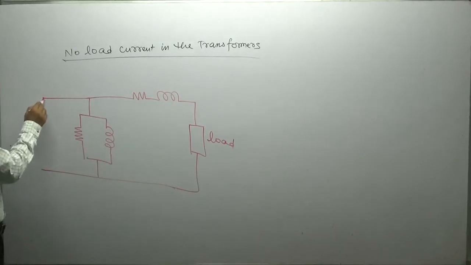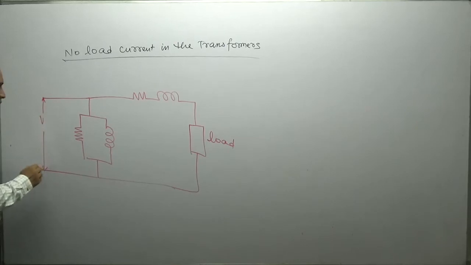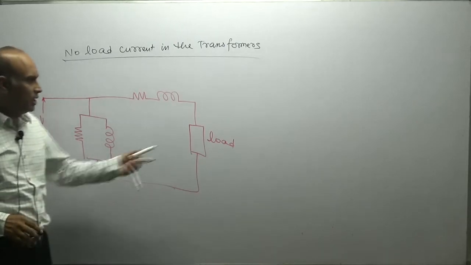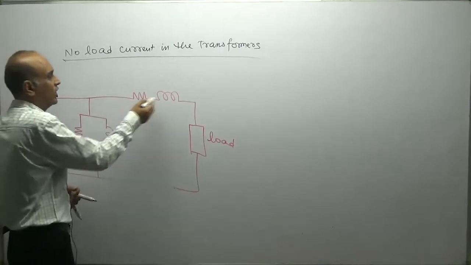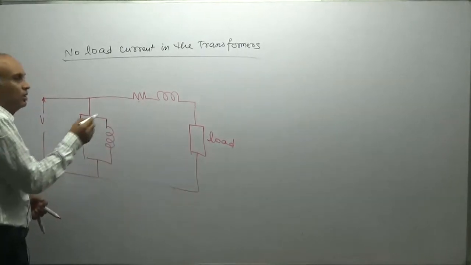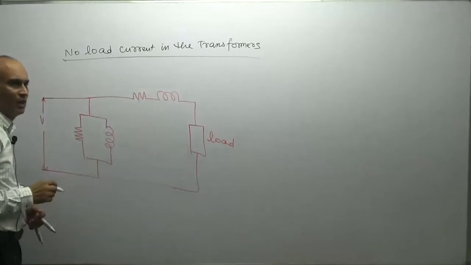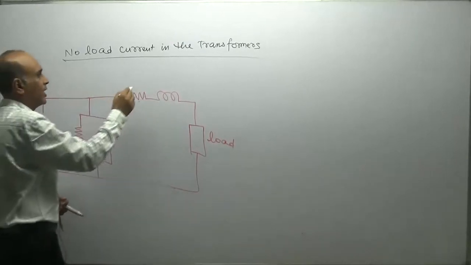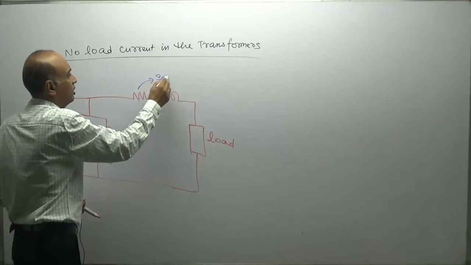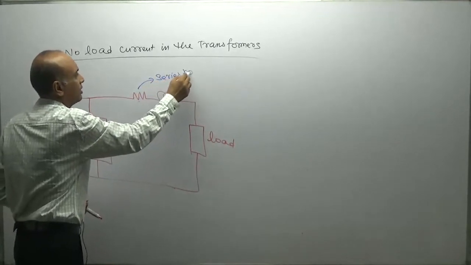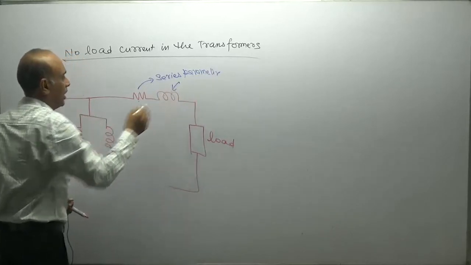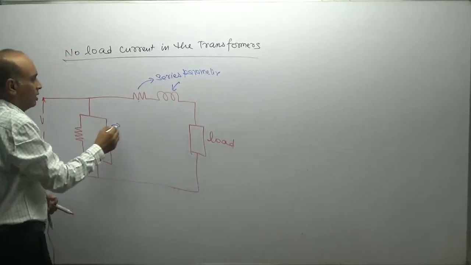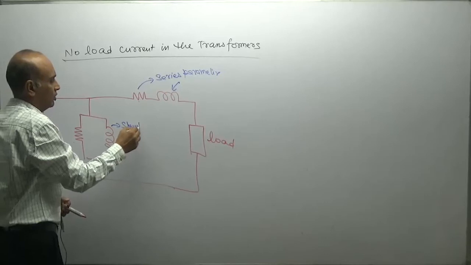So this is the applied voltage, and this is the load. These are called series parameters, and these are the shunt parameters.